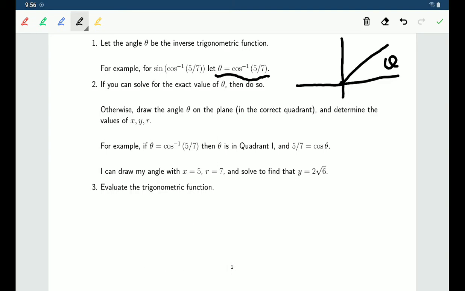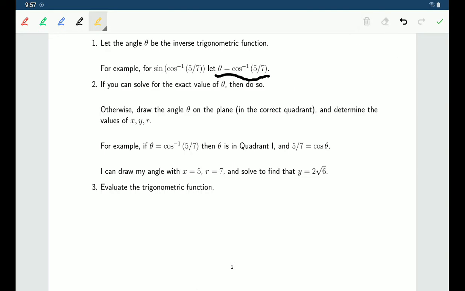Then remember that back in chapter 7, we defined our trig functions on the xy plane in standard position by taking an xy point on the terminal arm, and by using x and y and r, which is the distance from the point to the origin, we were able to define sine, cosine, tangent, and all the rest.